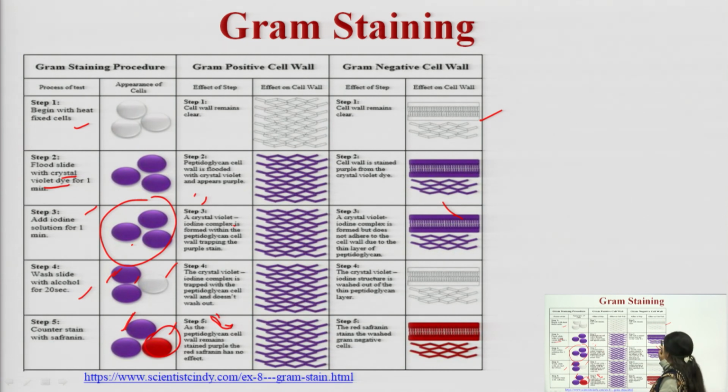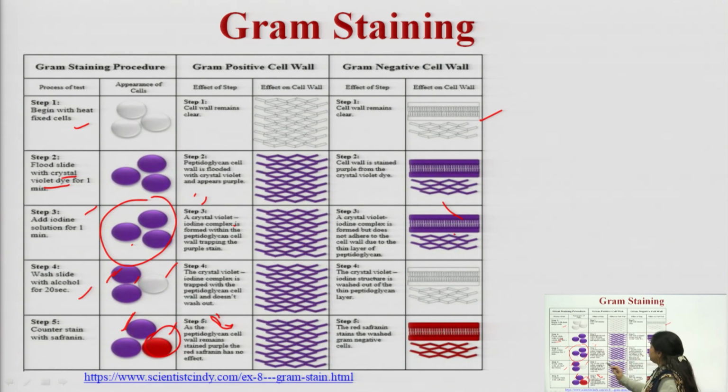In the next step, when we add iodine, it will get entrapped within the cells. It will make the CVI complex, known as the crystal violet iodine complex. It will be retained within both the cells.